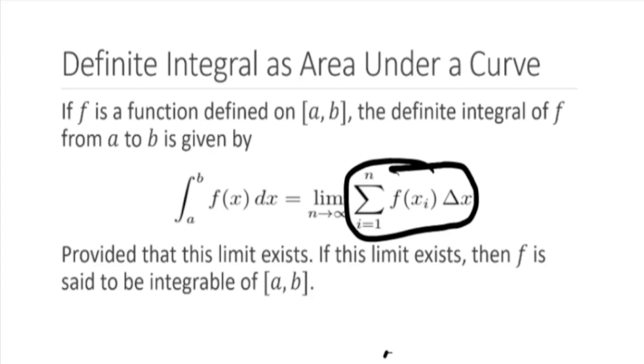Now, we're considering the limit as n approaches infinity. So, ano ibig sabihin nito? Ibig sabihin, nag-generate tayo ng sobrang daming rectangles until such a time na yung delta x natin becomes very, very small.